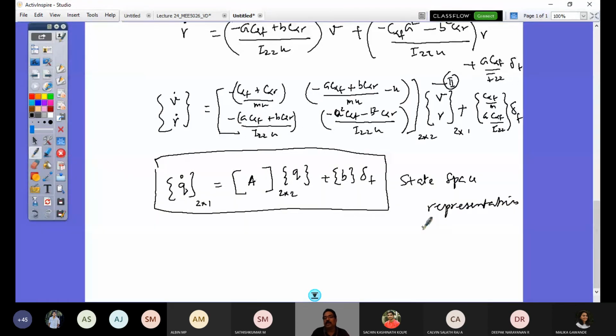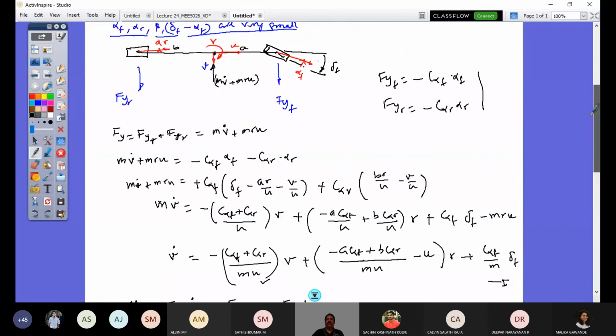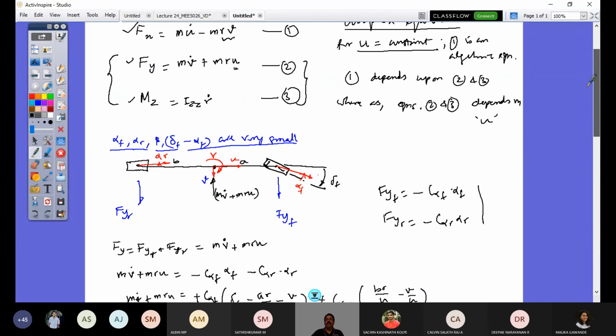So this is what is called the popular state space representation. I have two governing equations for my vehicle right here, equations 2 and 3. These are the two governing equations required for my bicycle model for pure cornering. Why do we not consider equation 1? As we have seen, these two equations are independent of equation 1.